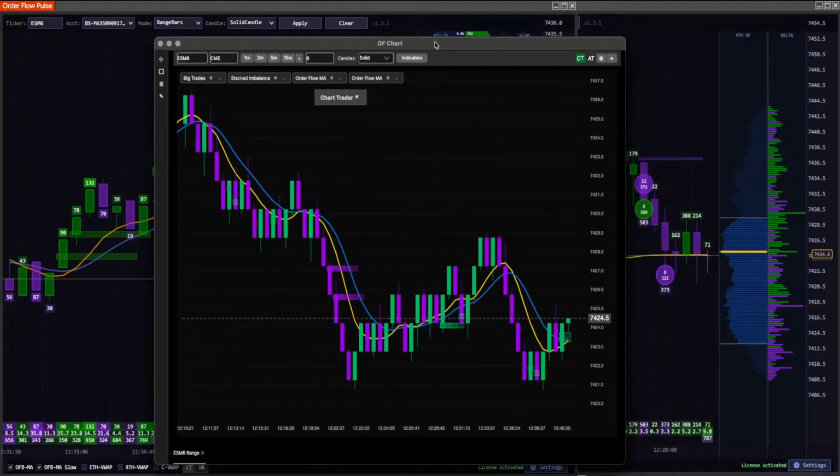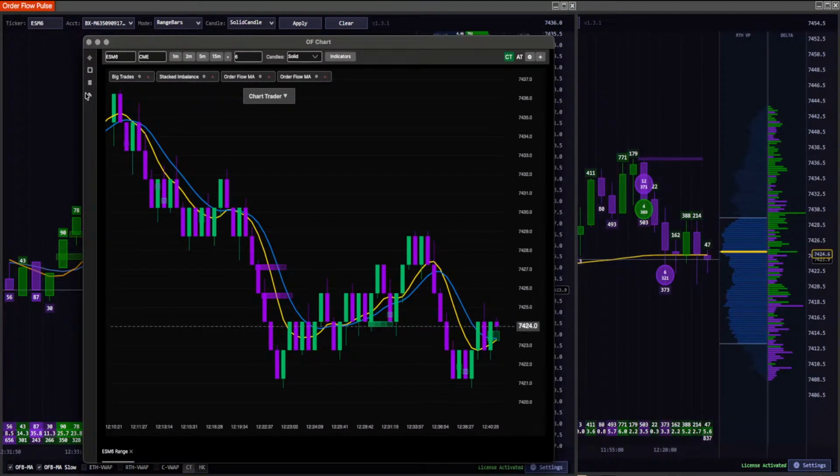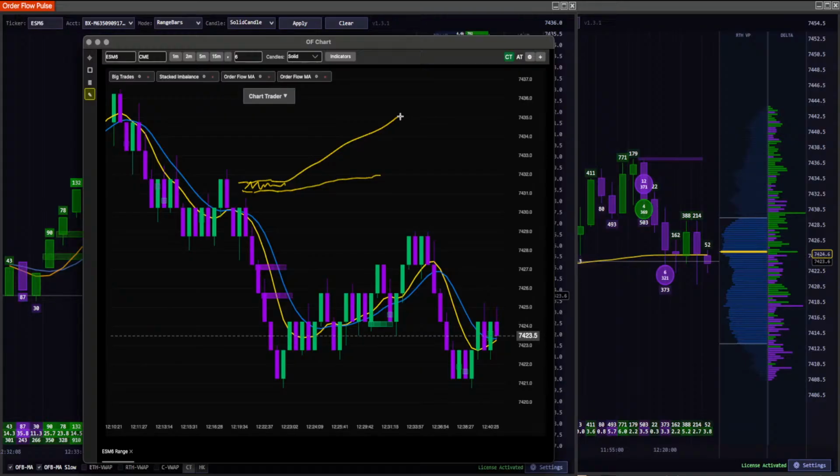Let's say you have the NQ that moves up, and you got the ES that's just kind of barely moving. Normally the ES and NQ are correlated. They kind of stay together. Something might happen in the NQ, like news on the tech stocks, and it runs up like this.